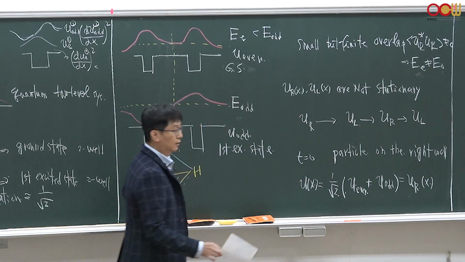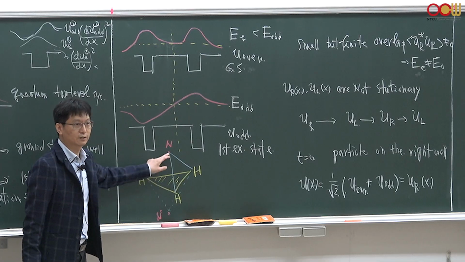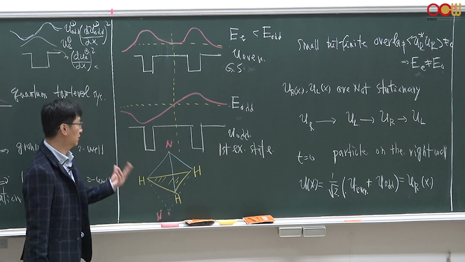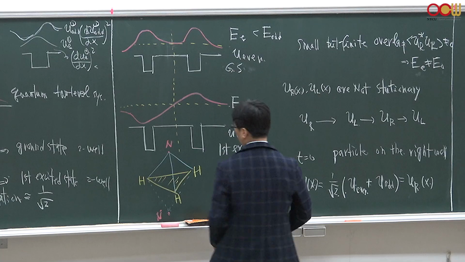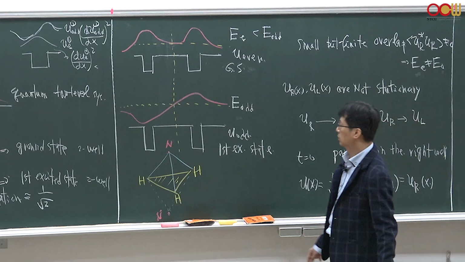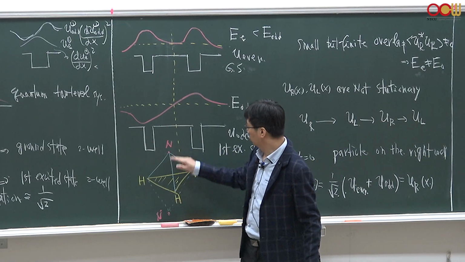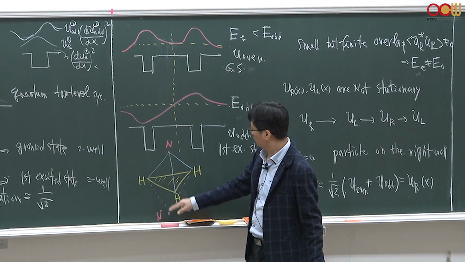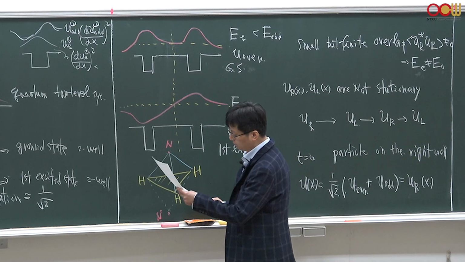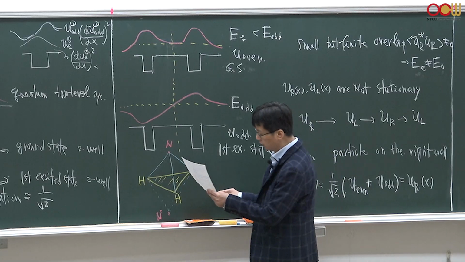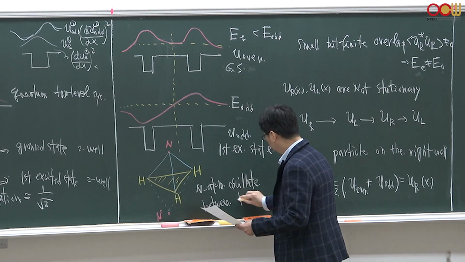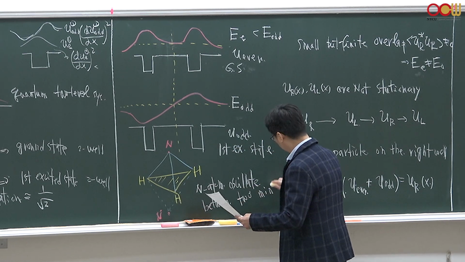So the nitrogen atom can live near one of these 2 positions, top or bottom, and these 2 positions play a similar role as a double well, because these are the 2 stable points that this nitrogen atom could be in. So the nitrogen could fall into either of these 2 potential wells, but of course the nitrogen can oscillate between these 2 positions, and this is precisely what experimentalists see: the nitrogen oscillates between these 2 positions, these 2 minima of the potential.